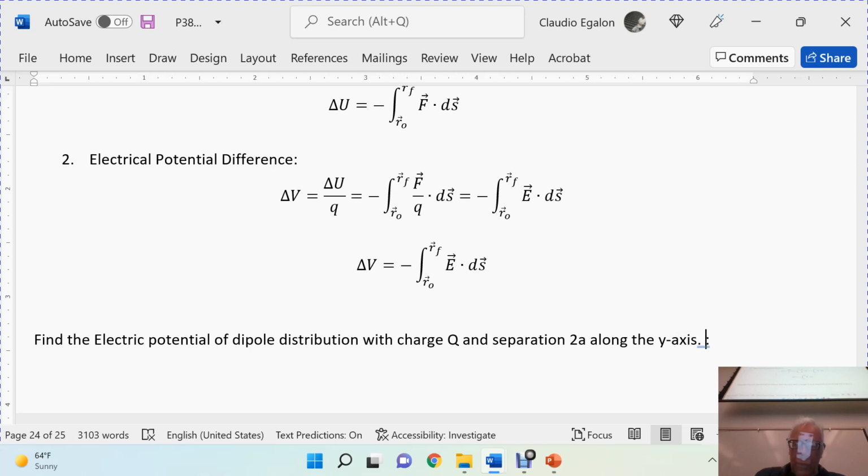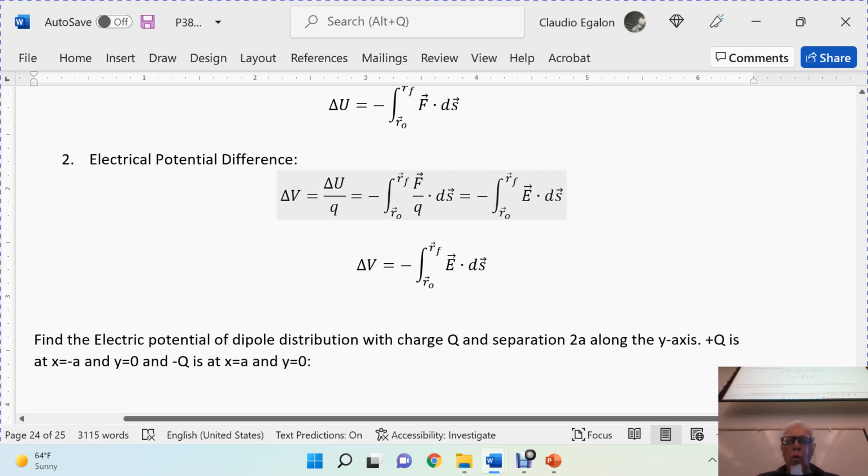Plus Q is at x equal to minus a and y equal to 0, and minus Q is at x equal to a and y equal to 0. Those are the coordinates. Along the y-axis, right here.